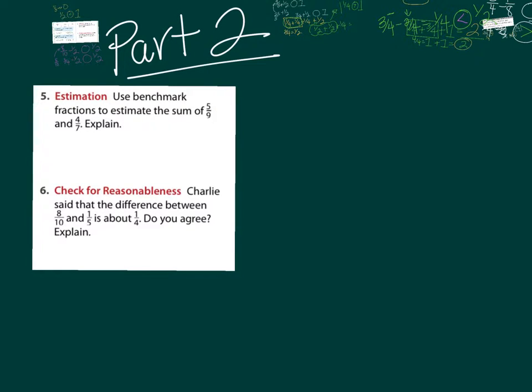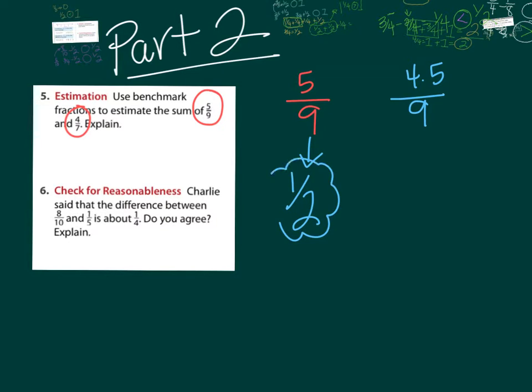Okay, so let's estimate the sum of 5/9 and 4/7. So 5/9. Remember, first thing I have to do is think of what would be my half. Now, 9 is an odd number, so it's kind of weird, but half of 9 would be 4.5, and 5/9 is close to a half, so I'll leave that as a half.